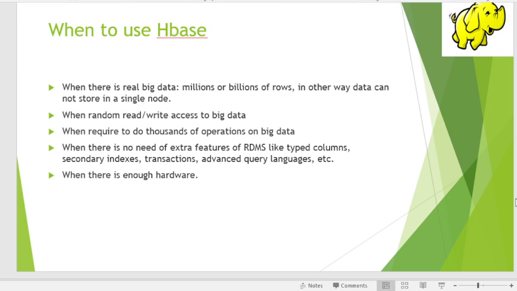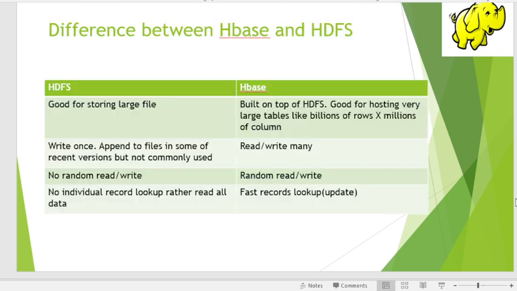When it requires thousands of operations on the big data. When there is no need of extra RDBMS features like typed columns, secondary indexes, transactions, and advanced query language. When there is enough hardware, then we can go for HBase.